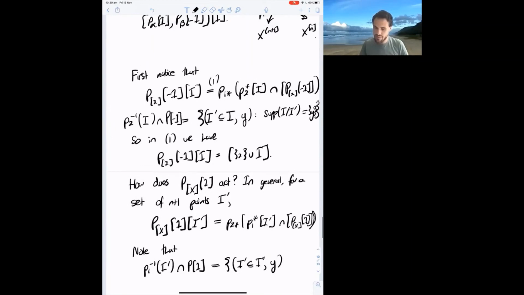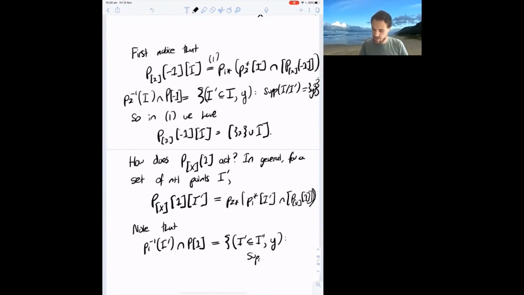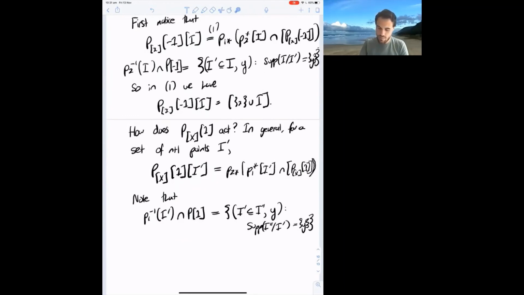So we're up inside of the triple product, and such that the support of I prime prime mod I prime is some point y. In general, this set just consists of all possible ideals I1 prime, I prime prime, and y. But when we intersect here, this is the condition that we get.